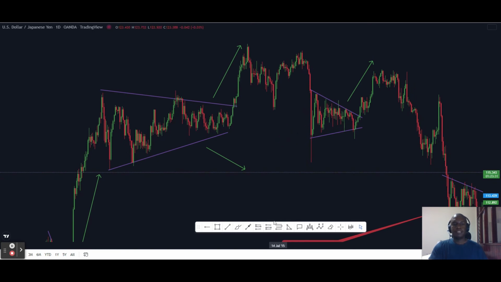And we also see a double top in a way, seeing that there's a move here. There's a top.